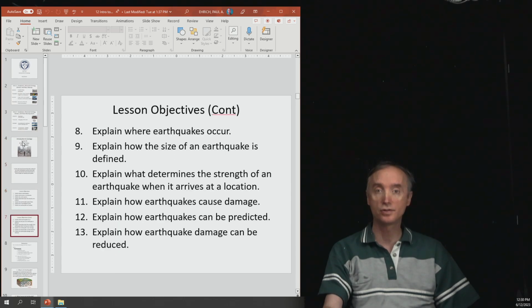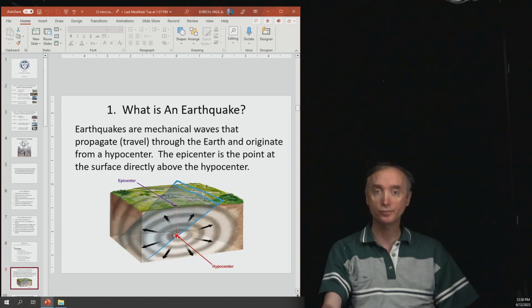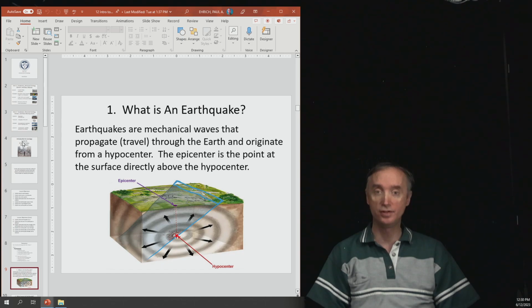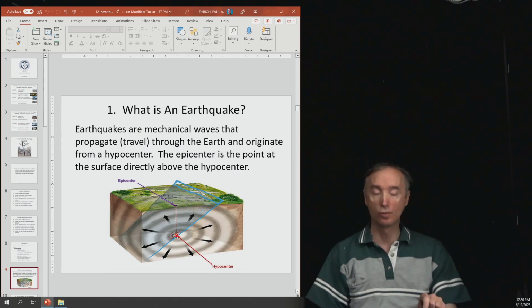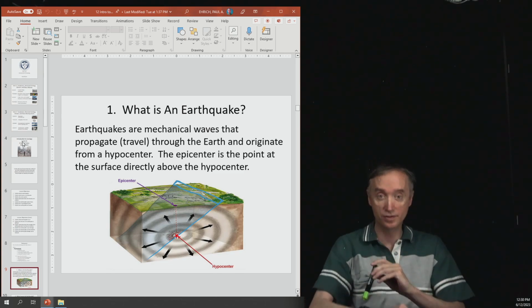In your textbook, that is going to be chapter 7. We'll start off with some definitions. Definitely for the exam, you've got to know the difference between the epicenter and the hypocenter. Remember what a hypodermic needle does. A hypodermic needle goes under the skin.